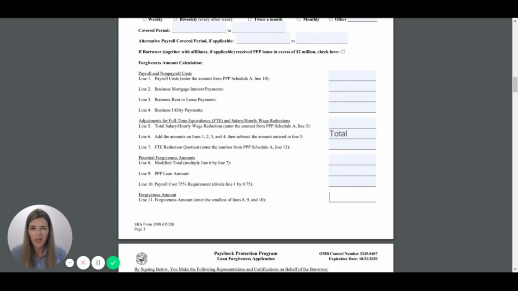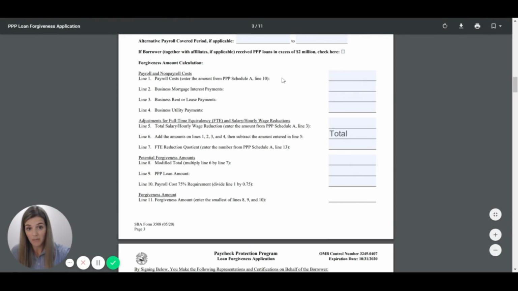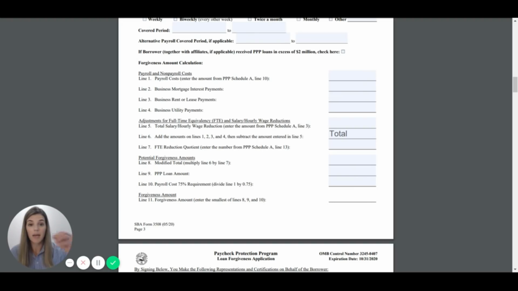And now you have to go, okay, do I have documentation for all these expenses that I just said that I had? And for a Schedule C filer, this gets kind of easy because for payroll costs, all you have to do is show your Schedule C. And then if you have any of these other expenses, what you're going to need to do is go and rewatch my documentation video, because I specifically talk about what type of things you need to hold on to, like bills, receipt of payment, and bank statements.